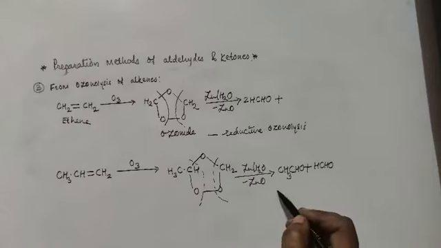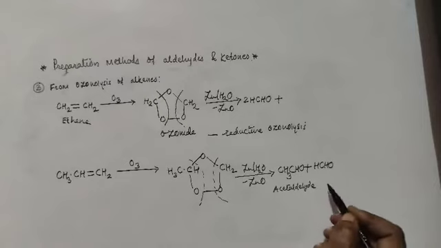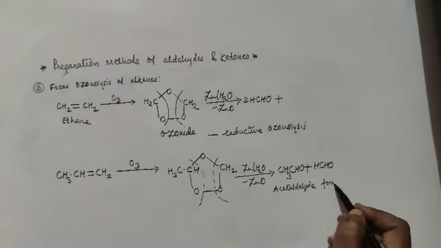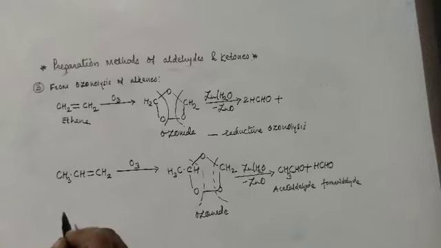The name of CH3CHO is acetaldehyde, which you are well familiar with. This is formaldehyde. This is the ozonoid, and this is your propene.